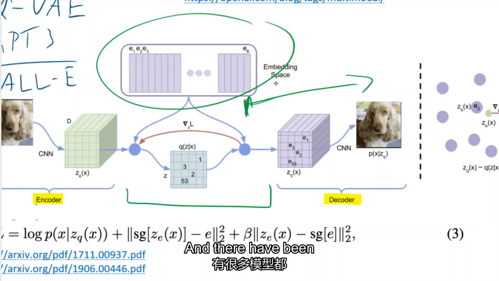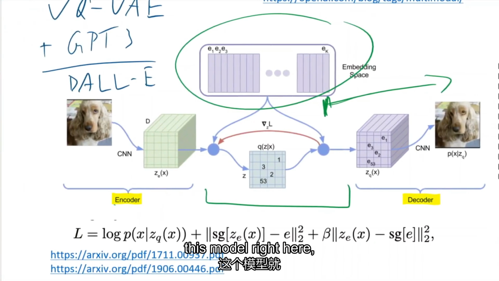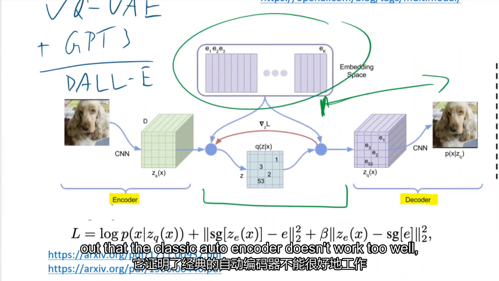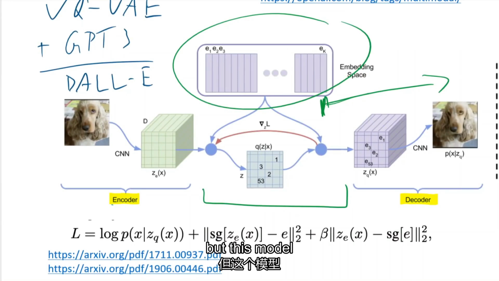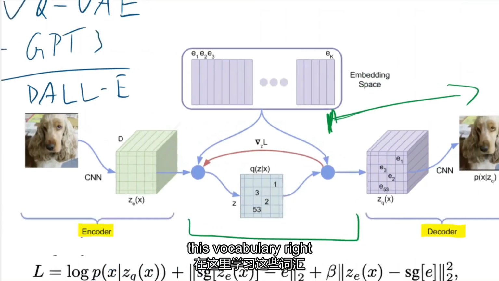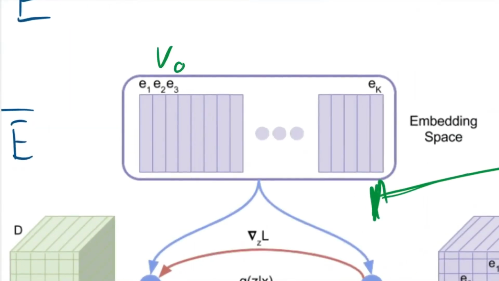And there have been many models built on this concept. Now, it turns out that the classic autoencoder doesn't work too well, but this model works quite formidably. So what you're going to have is this vocabulary right here. It's also called a codebook.